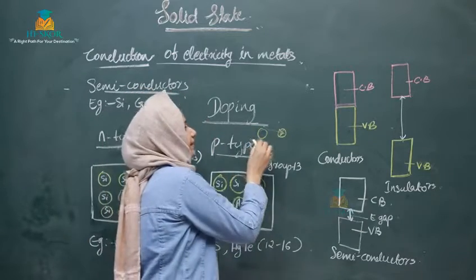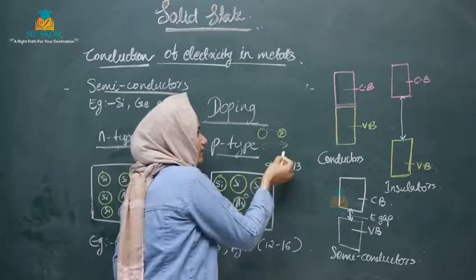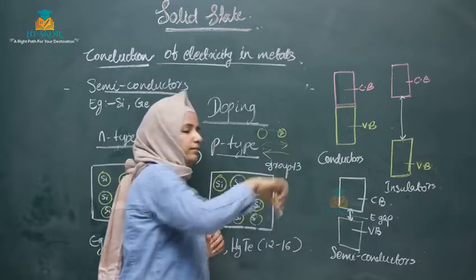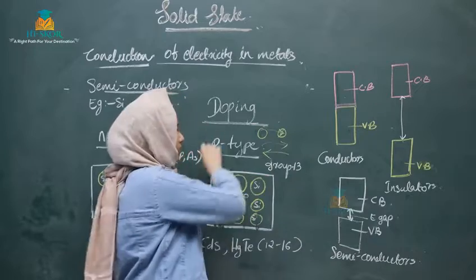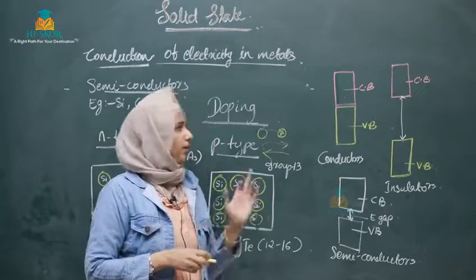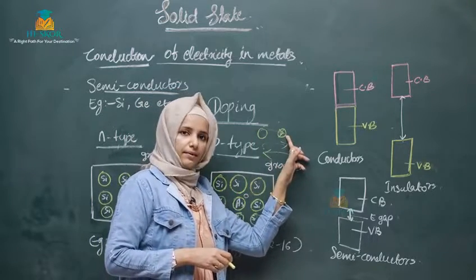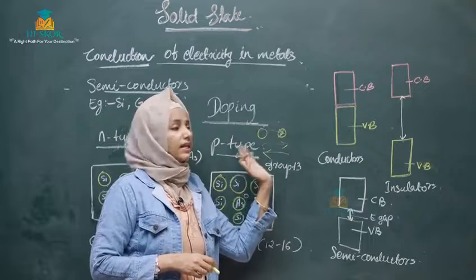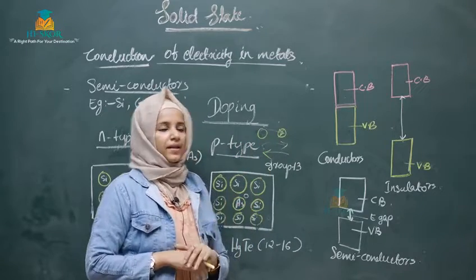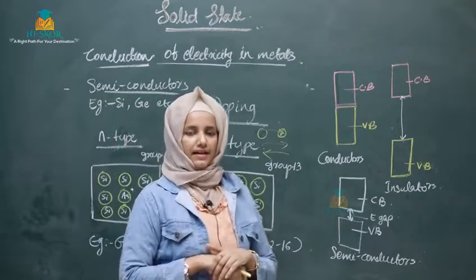If the direction of electron jump is right, the creation of the hole എന്തായിരിക്കും? Opposite direction ആയിരിക്കും. So the direction of electron jump will be opposite to the direction of the creation of the hole. Okay, so such types of semiconductors are called p-type semiconductors.